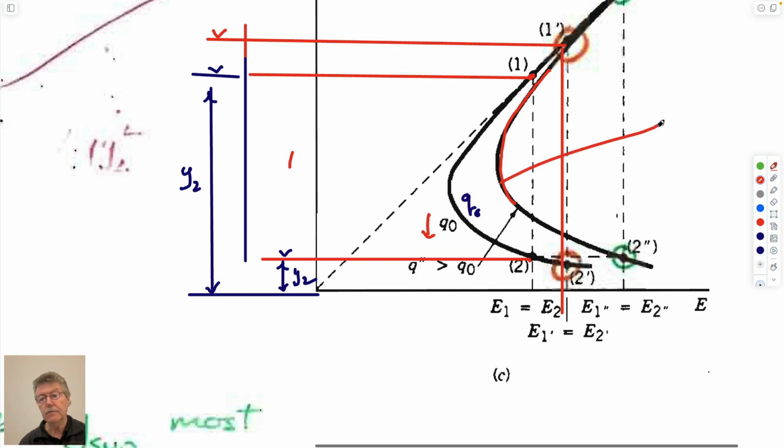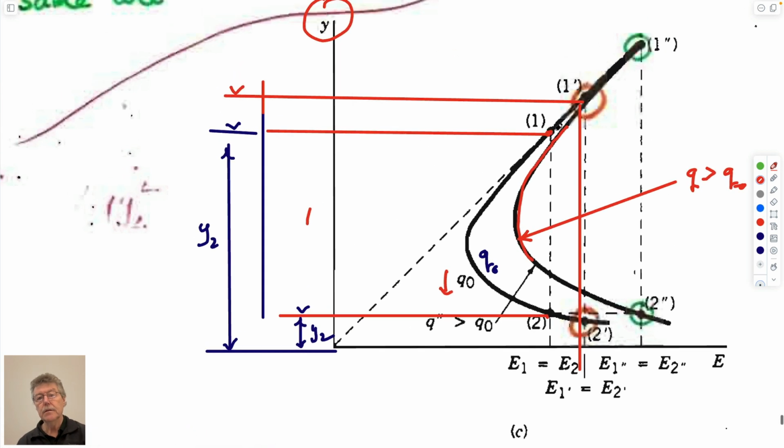So this red curve, Q is greater than Q0. You'd raise the upstream head from 1 to 1 double prime. So you're raising the level of the water upstream to here.